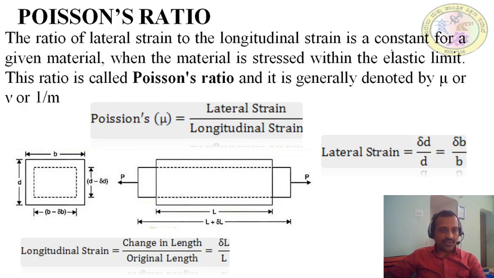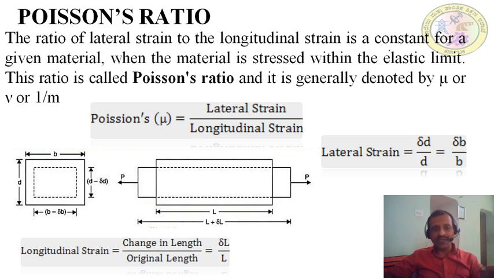Now in this session, we will see what Poisson's ratio is. Poisson's ratio is defined like this: the ratio of lateral strain to longitudinal strain is a constant for a given material when the material is stressed within elastic limit. Remember this, within elastic limit only.